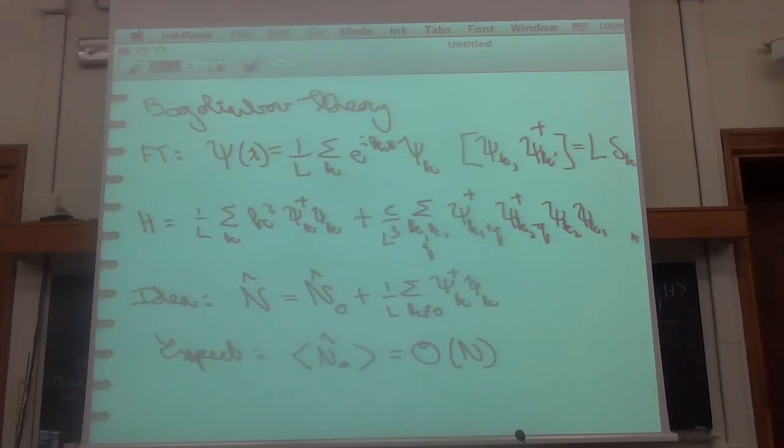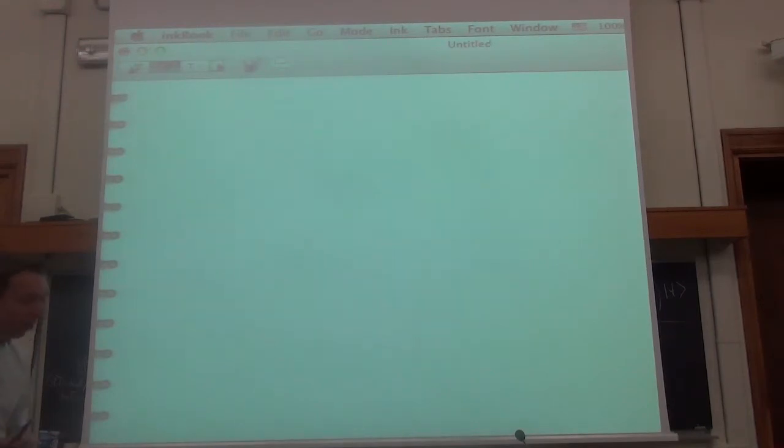So let me just give you the answer. The result is that you can rewrite the theory in the following way. The Hamiltonian gets simplified into some constant E0, which I'll say a little more about, plus modes that live at non-zero momentum but have a dispersion relation, the Bogoliubov dispersion relation, that I'll write down in a very short while.